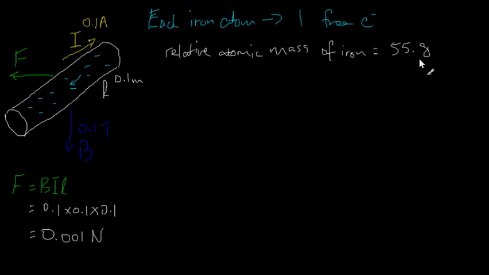So this is a number that we can look up. Now, the way to find the mass of 1 mole of iron is simply to take this value for the relative atomic mass and add the word gram next to it.